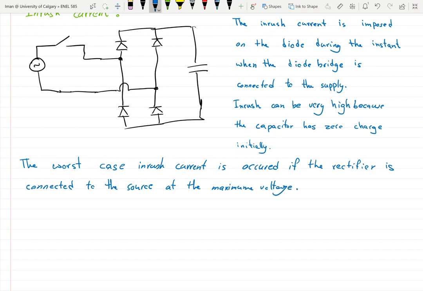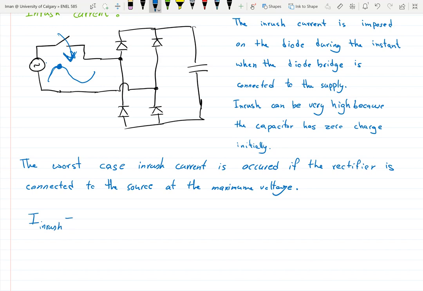So this is an AC voltage, right? Let's say when the time is right at its peak, we turn this switch on and we connect the diode bridge to our source. This is the worst case, because this is going to be the inrush current that we're going to see.